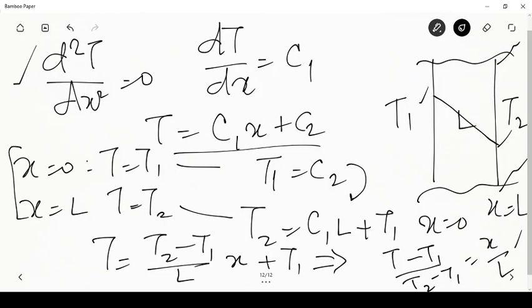Now using this, the solution that basically comes out here is that if you have a steady state one-dimensional constant property system, the temperature distribution does not depend on the thermal conductivity or any other property, because the governing equation itself is devoid of the properties.